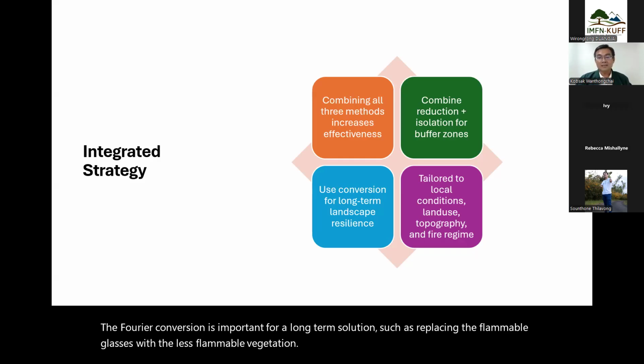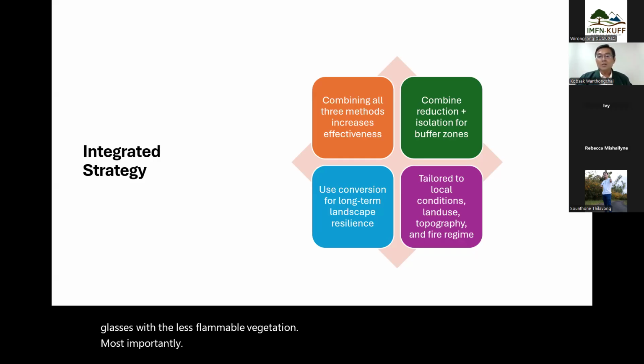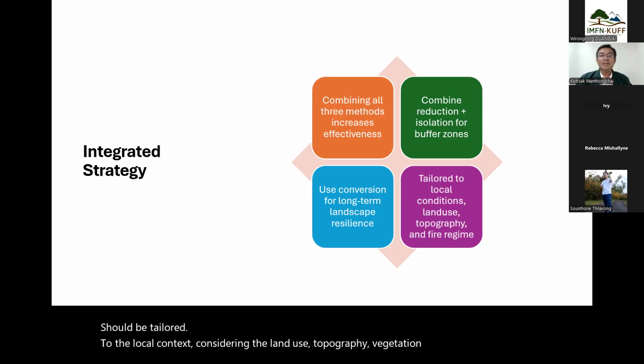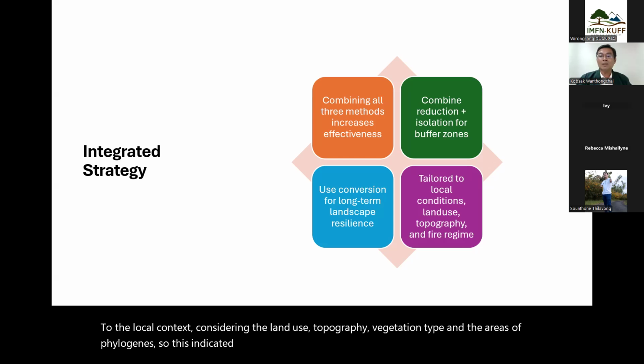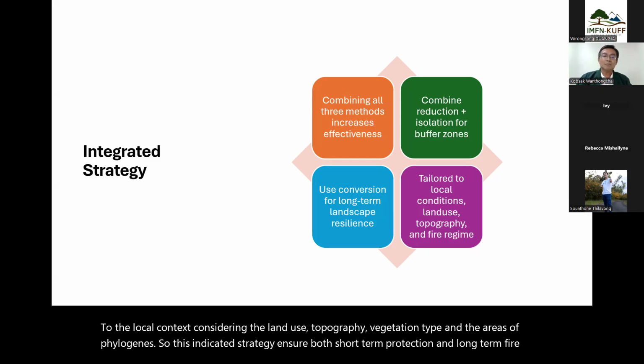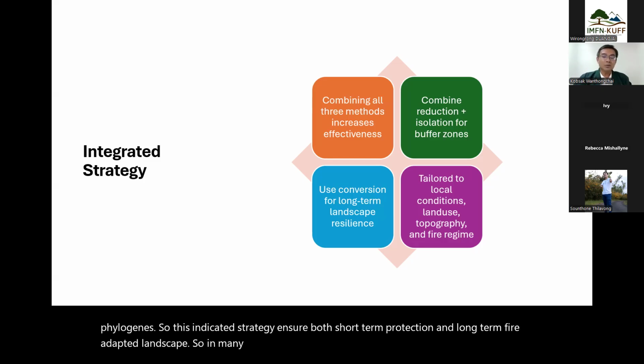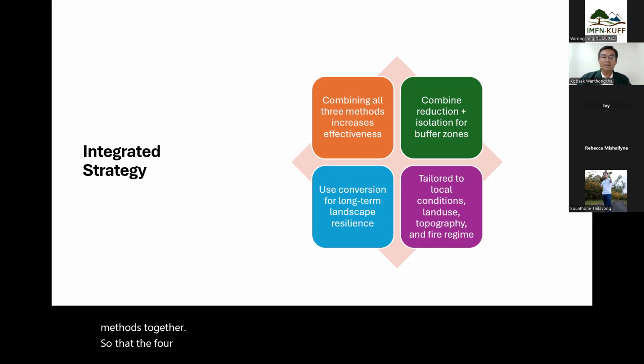Most importantly, all strategies should be tailored to the local context, considering the land use, topography, vegetation type, and the area's fire regimes. This integrated strategy ensures both short-term protection and a long-term fire-adapted landscape. So in many cases, they combine many methods together so that the fuel management can be more effective.